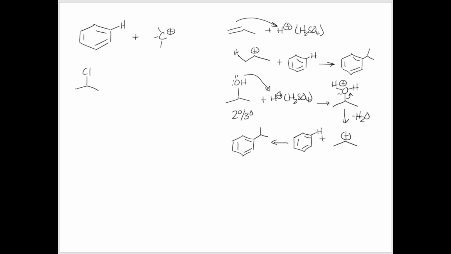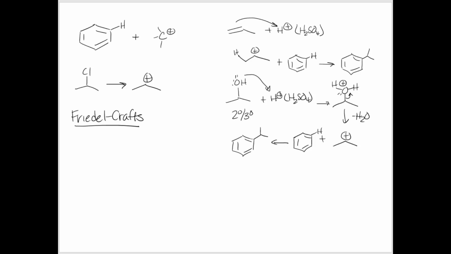Well, that's going to be a very slow reaction, and so the easiest and traditional way of converting an alkyl halide into a carbocation is to do what is called a Friedel-Crafts reaction. And it's Friedel-Crafts, and it's not Crafts like the cheese. It's a C instead of a K. That's just one of my pet peeves.